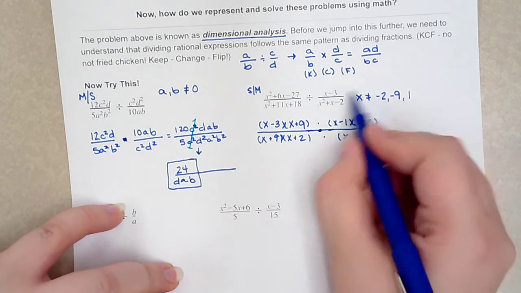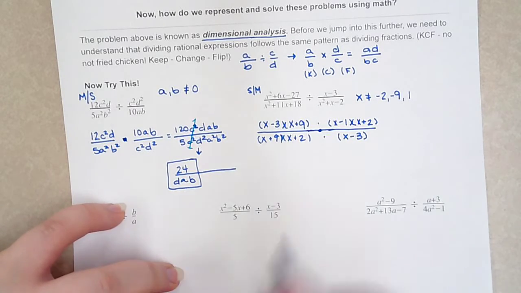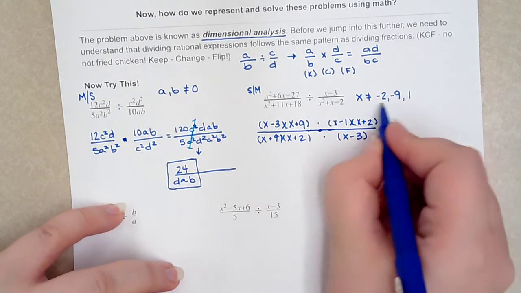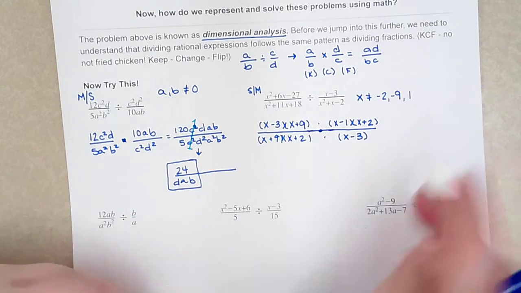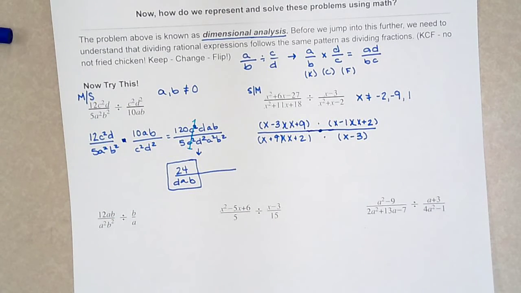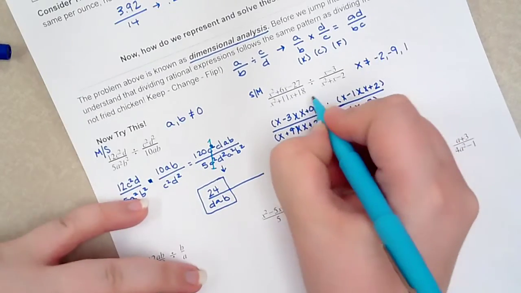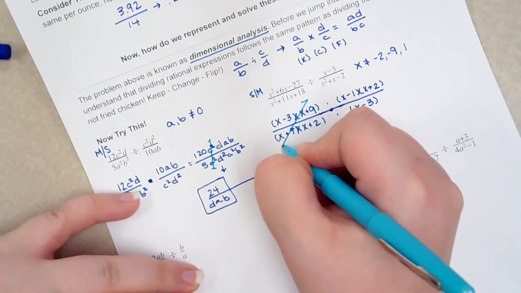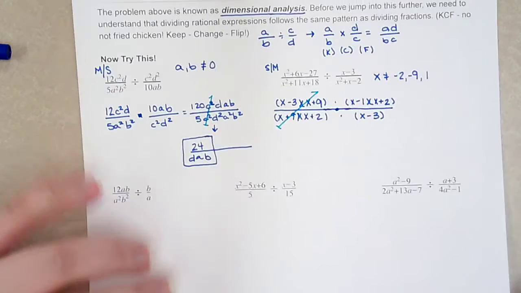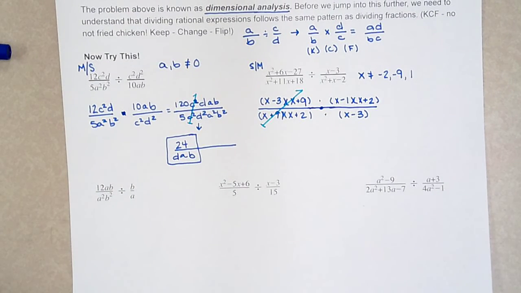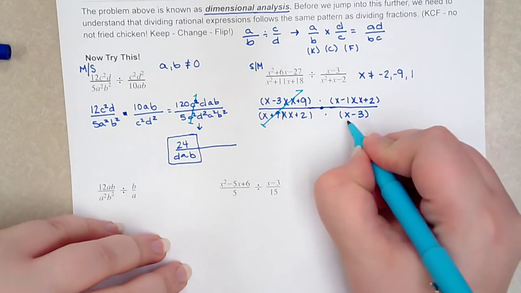So there's a lot of working parts going on right now. Once we've got excluded values, let's just find those ones I was talking about. Let's reduce. So x plus 9 over x plus 9, that's just a big fancy 1 hidden in there. We actually have the same thing going on with the x minus 3.